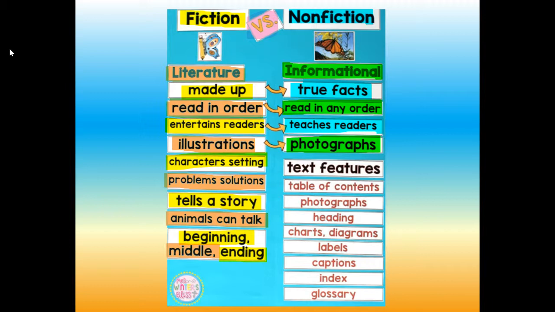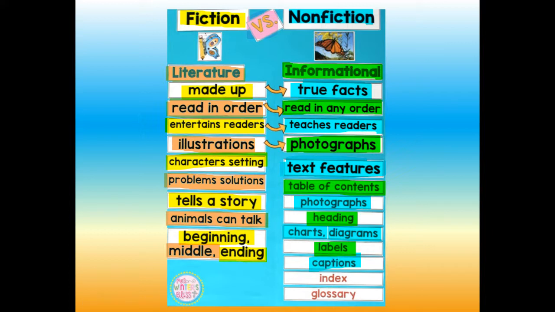Nonfiction or informational text also has text features, and Lucia's Neighborhood definitely has text features. It doesn't have a table of contents, but it has photographs and headings. It doesn't have a chart or diagrams or labels or captions, but it's still informational text.